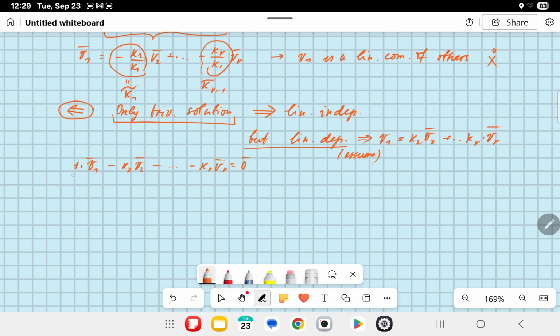And what I actually have is a non-trivial solution for the linear combination, k1 equals 1, not equal to 0. So we got a contradiction again, because there is only a trivial solution.